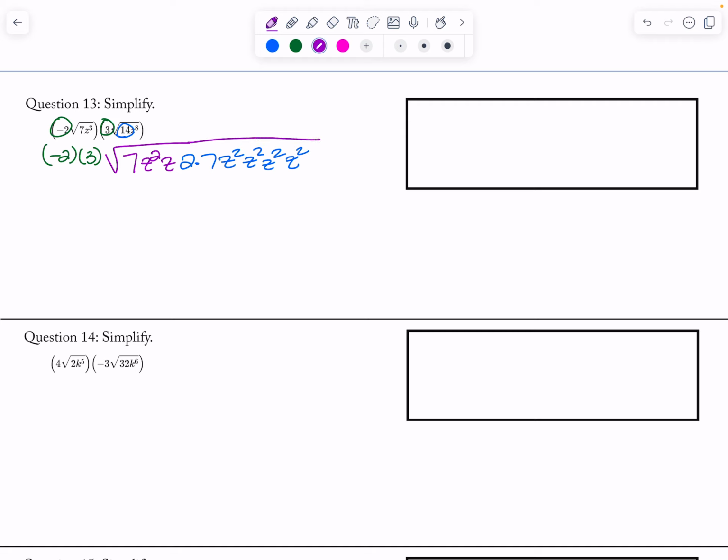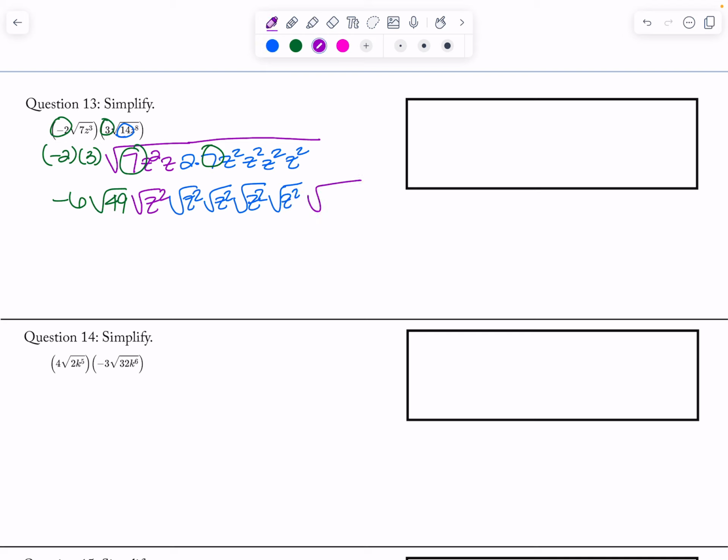So now I have a negative 6 on the outside. I can group some of these together. So these 2 7s can come out. So root 49. And then I have 1 z squared that's there. And I have 4 z squareds that were in blue. And then what did I have left over?